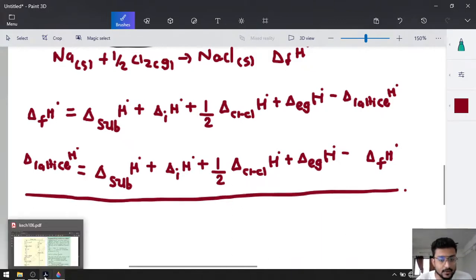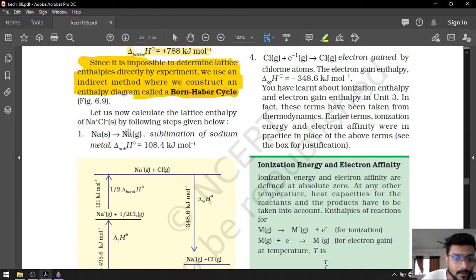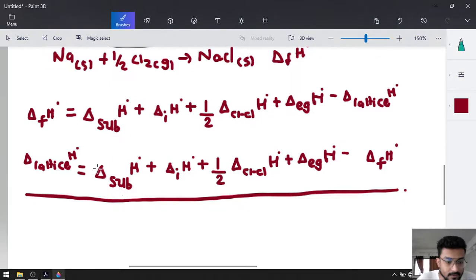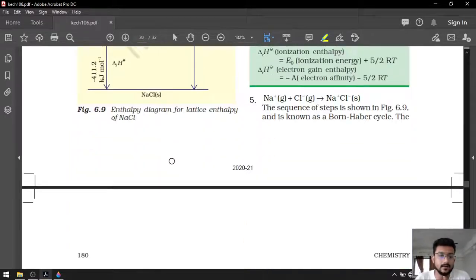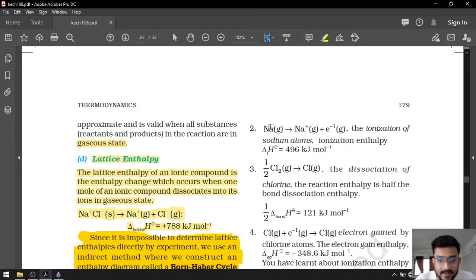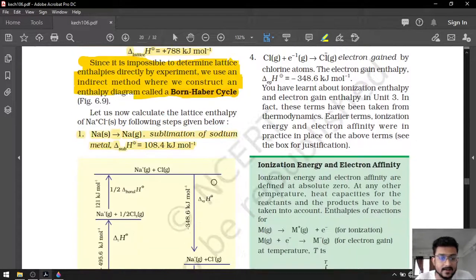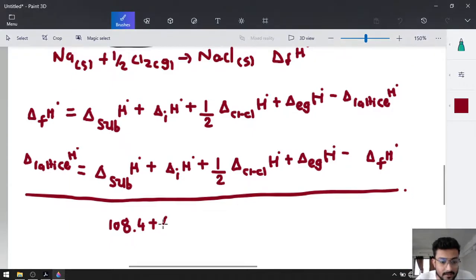Now let's follow the textbook. Look at this. In the first step, sublimation of sodium, they have given the value 108.4 kilojoule per mole, plus. After that, we will discuss this diagram. Second step, ionization enthalpy, as we have discussed, is 496 kilojoule per mole.